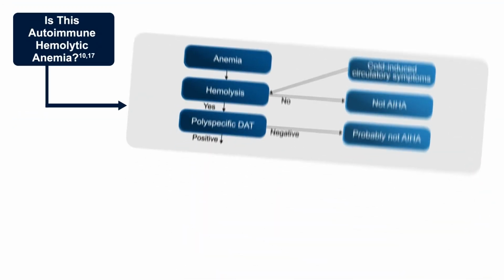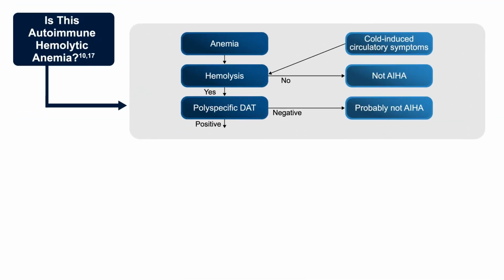So a polyspecific direct antiglobulin test is going to determine whether or not this is an autoimmune hemolytic anemia from other causes of anemia and other causes of bone marrow compensation with an increased reticulocyte count.